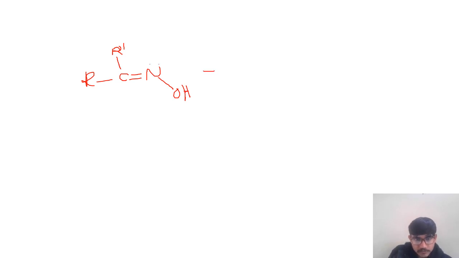What happens as we are reacting it with H plus, or you can say acid, is that this OH will donate the electron to this hydrogen, and it will give us a product like this.